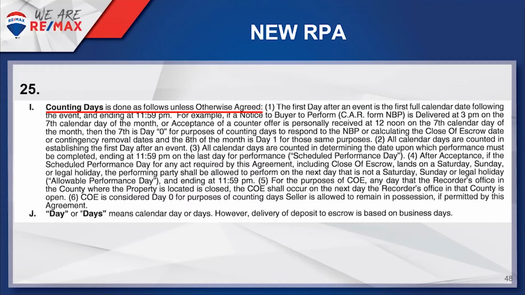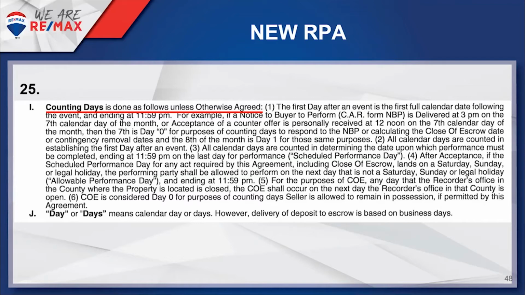And the way you count days is, the beginning day, the day the event occurred, like acceptance. So acceptance happened today. The seller signed the buyer's offer, and we delivered it back to the buyer. And so today is day 0.